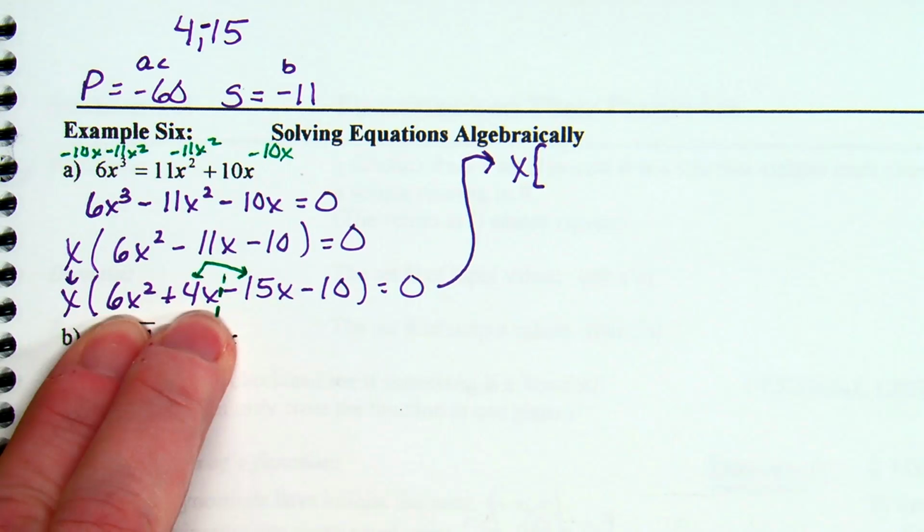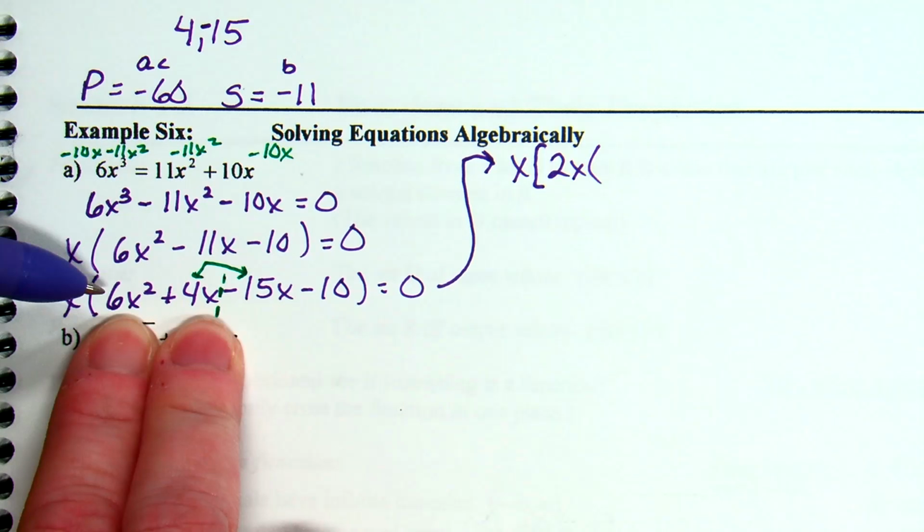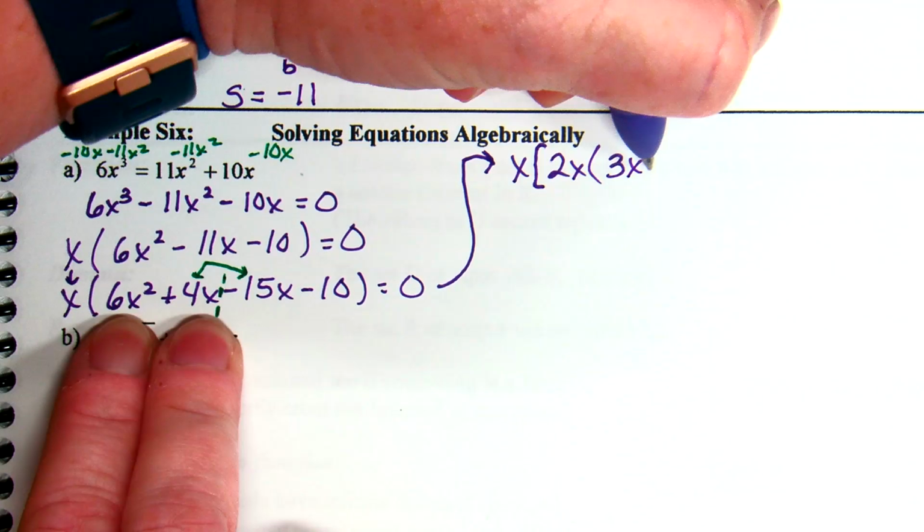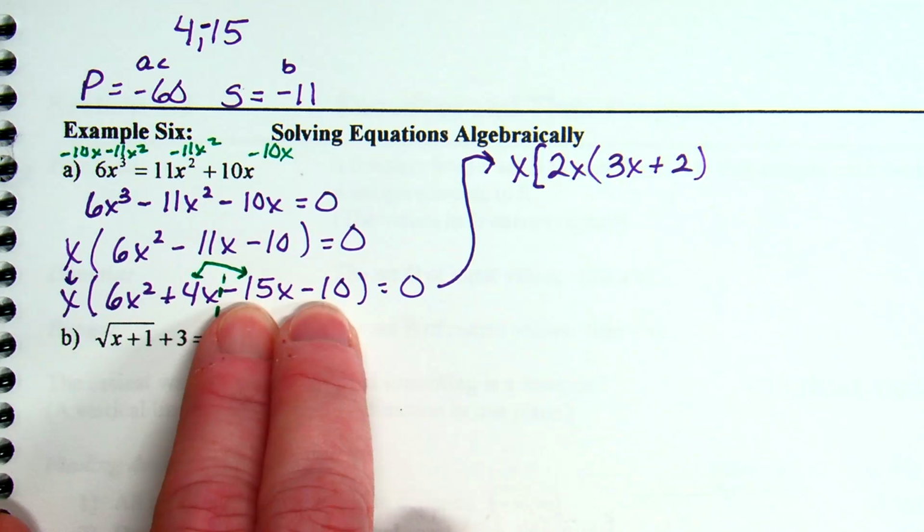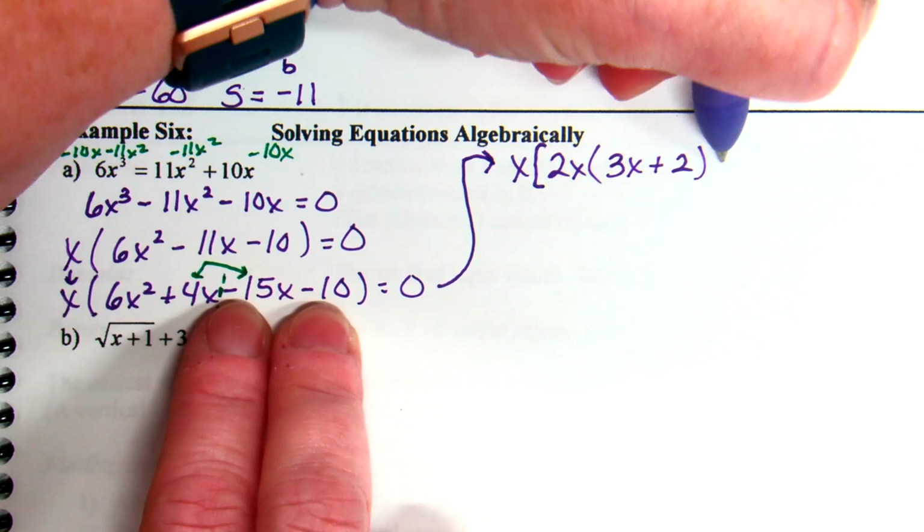GCF of 6x squared plus 4x. 6 and 4 both divide by 2, and there's an x involved. So I'm going to say GCF of 2x. Divide these both by 2x. 6x squared by 2x is 3x plus 4x divided by 2x is 2 in the parentheses. What about negative 15x minus 10?